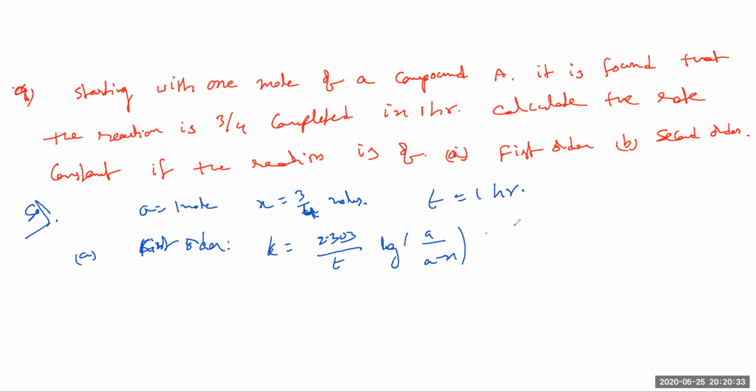So 2.303 by time, which is 1 hour, log of a, given as 1 mole, by a minus x, 1 minus 3 by 4, which is 0.25, that is log 4 only. So by calculating, you get 1.386 per hour.